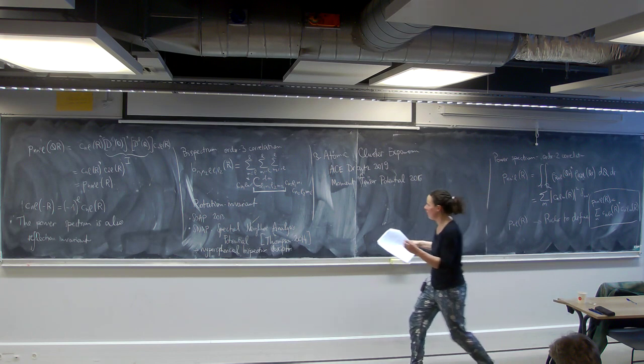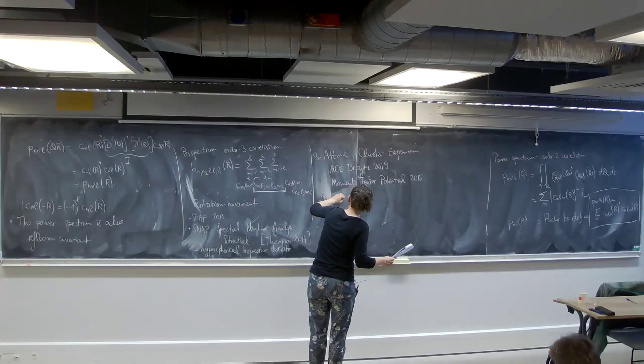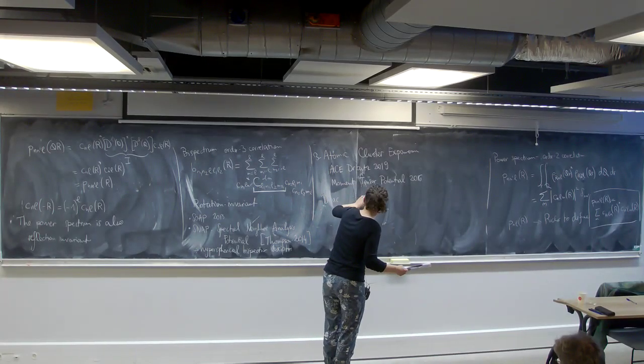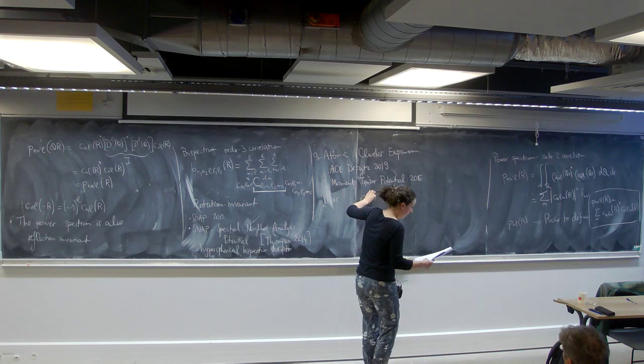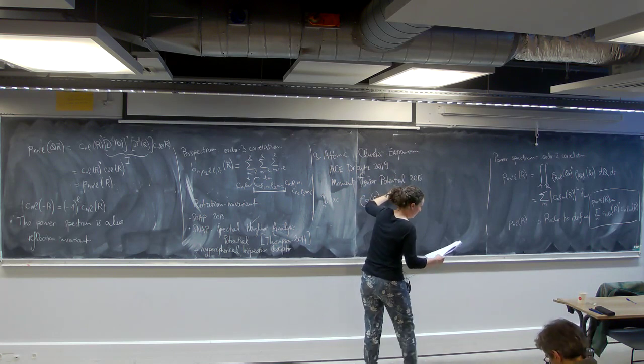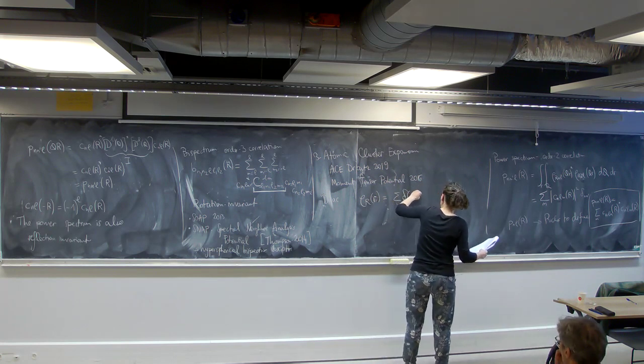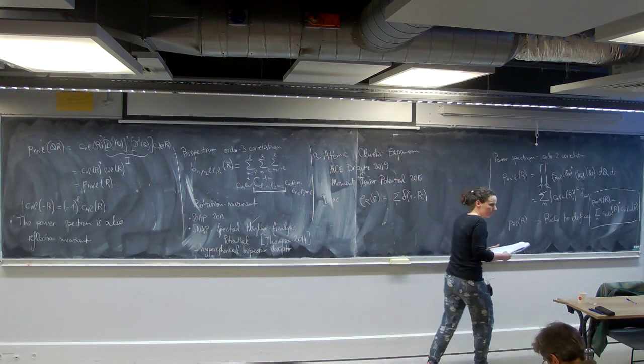And so here the starting point is to take a density as Dirac functions. So rho of r is the sum of deltas r minus r_i.